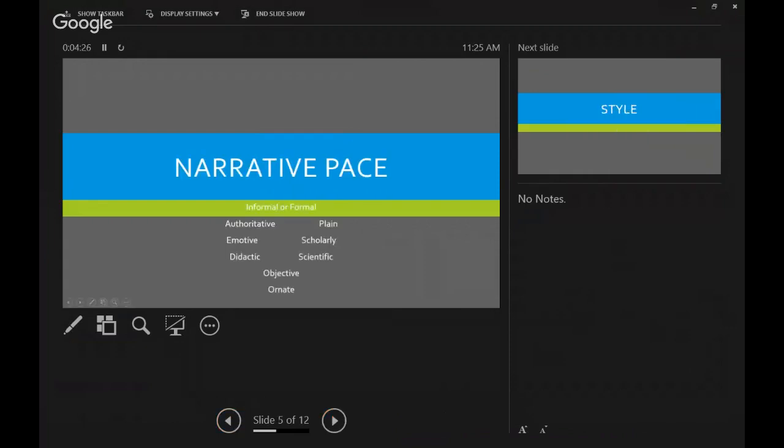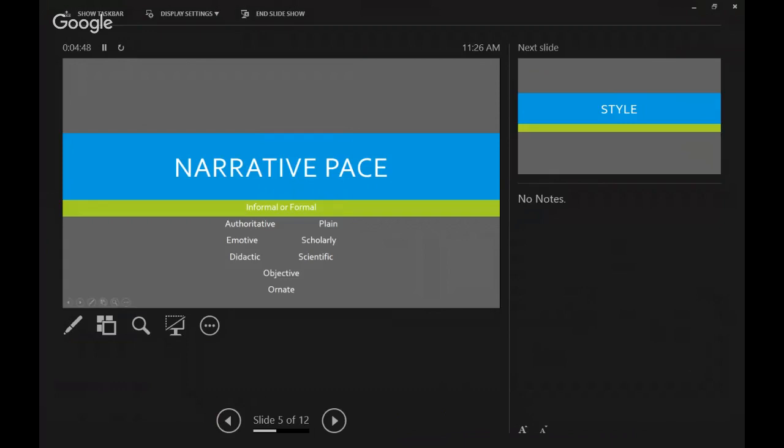These are just some descriptors of style. This is not the be-all, end-all list, but we can describe style as informal or formal. Saying my boss versus my superior changes the way you might view that. Informal boss, formal superior.